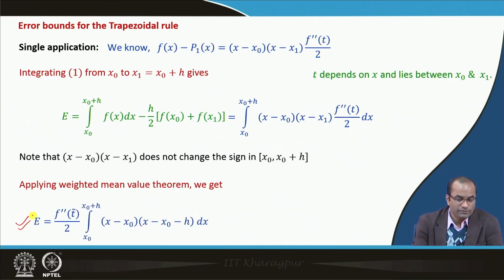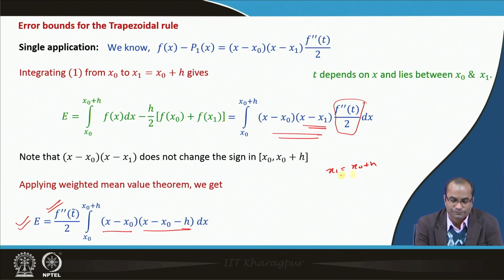The mean value theorem says that this function f double prime, we can bring outside the integral, and then we have this integral from x naught to x naught plus h, x minus x naught, and this also we have written as x minus x naught minus h, because x 1 is x naught plus h.